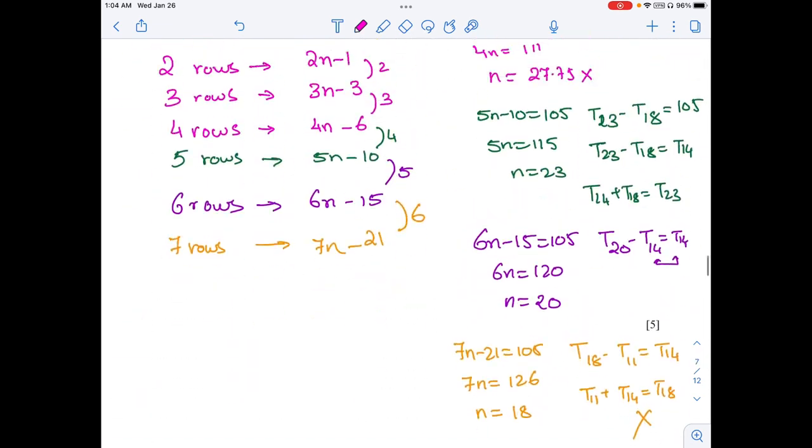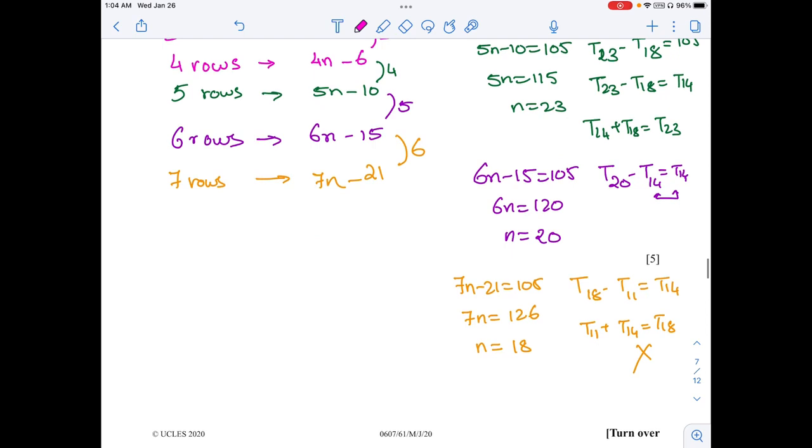We should start with 1 row, but anyway, we are doing it last, doesn't matter. So Tn minus 1 is equal to n, if n is 105. Now the difference is not 105, n.